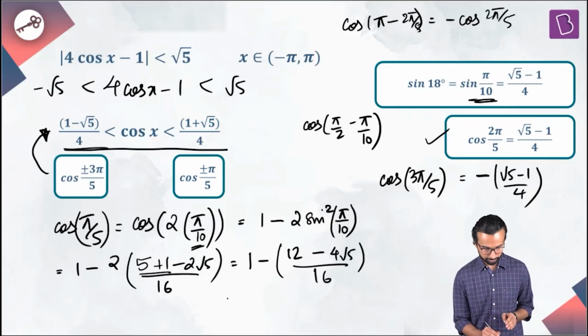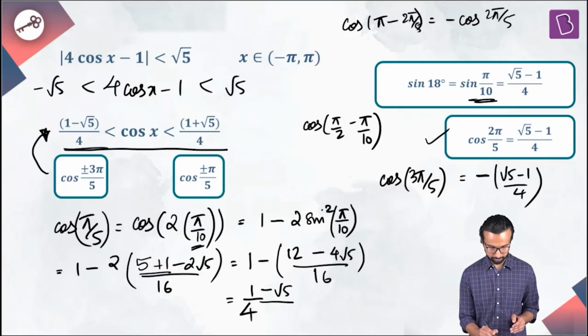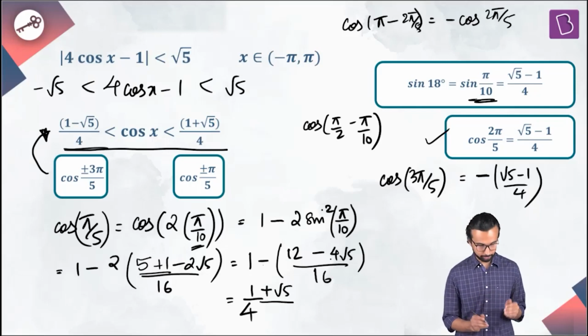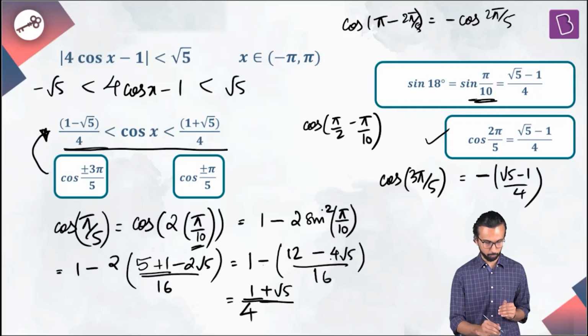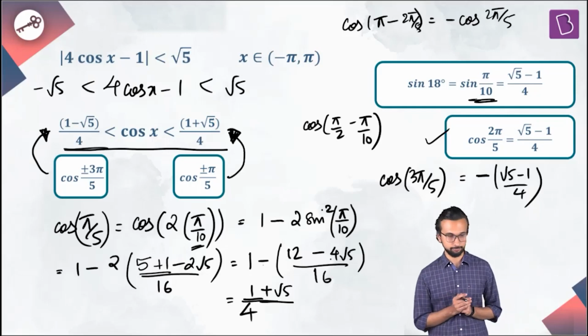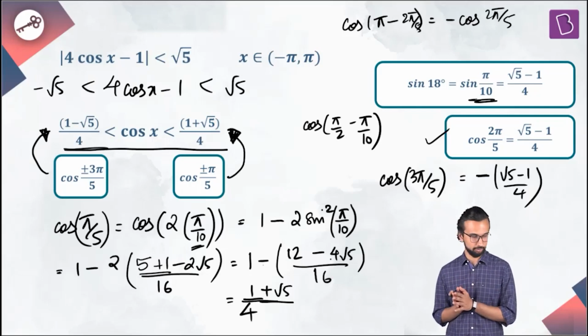Now what do I get here? 4 by 16, which is 1/4, minus root 5/16. Sorry, minus and minus become plus here. So I get (root 5 plus 1)/4, and that is how I arrive at the second conclusion here: cos of π/5 is (1 plus root 5)/4.